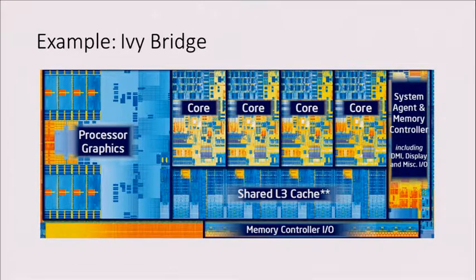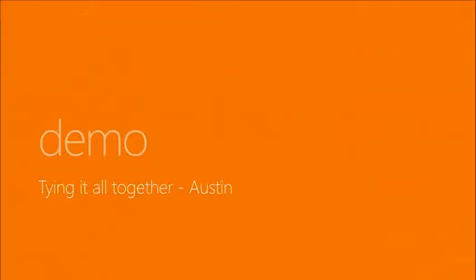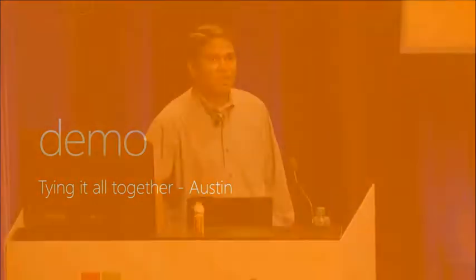Using Visual C++ 2012, you can target all of that real estate, almost everything other than the cache, for your C++ Windows Store app. The amount of juice, computing juice that you have available to you, all of it can be used, right? So let's see how did we use different portions of that technology in Austin. So let's go back to that demo again.